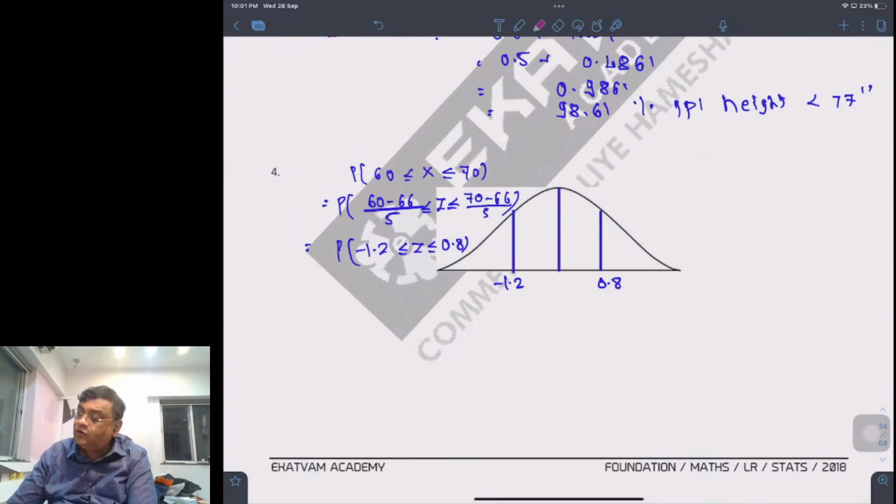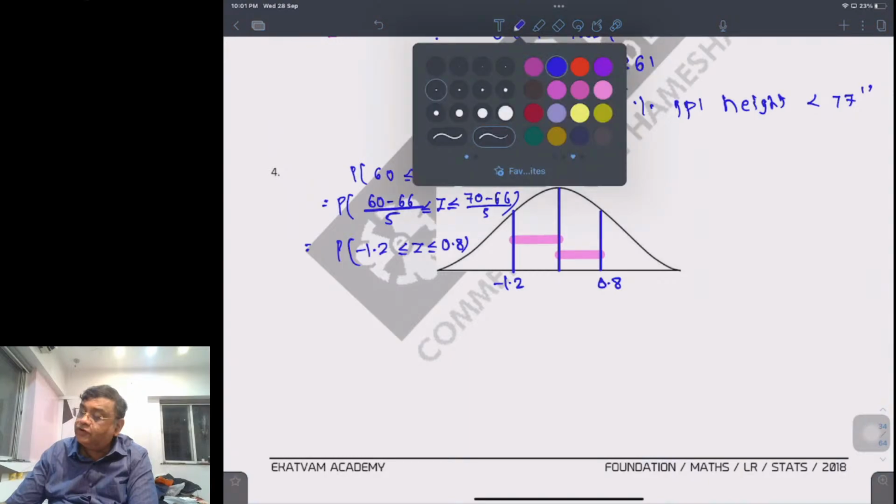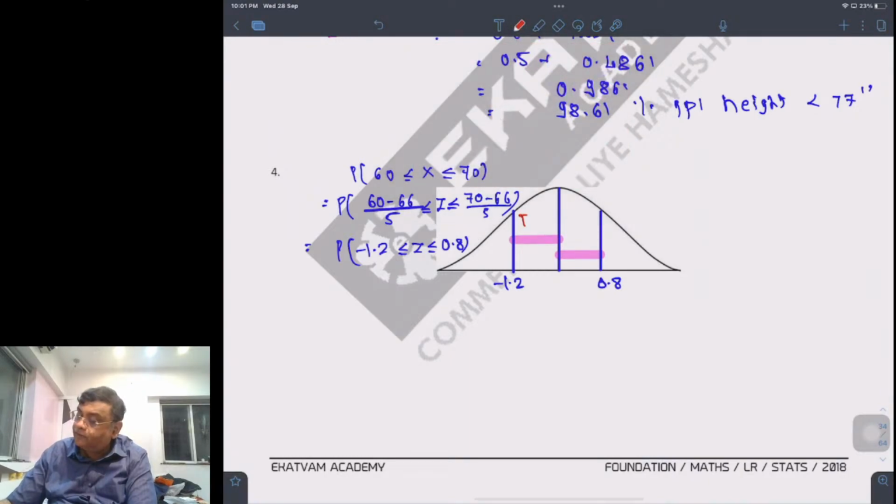Now we consider the area between this and this. So this is a table value and this is also a table value. So what is the adjustment? It is the table value for minus 1.2 plus the table value for 0.8.